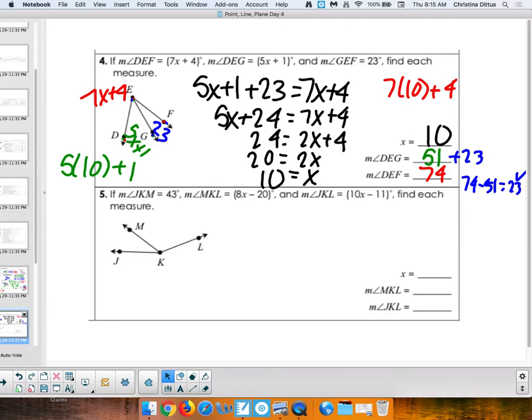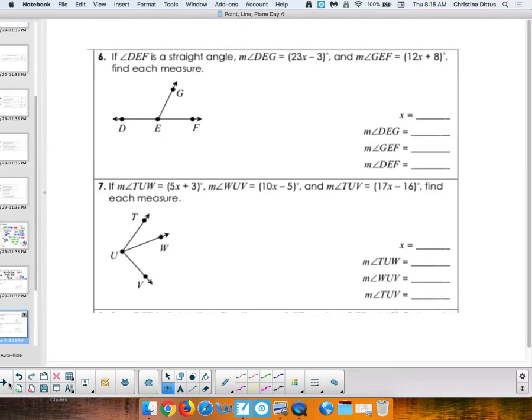Let's actually skip 5 and we'll go to 6. Six tells me angle DEF. So DEF is a straight angle. What does that mean?